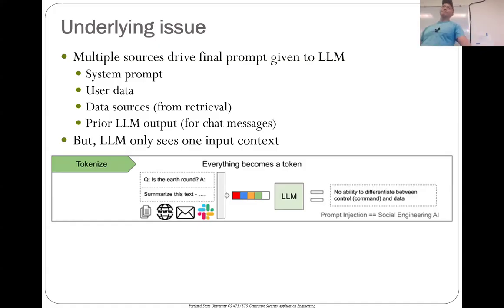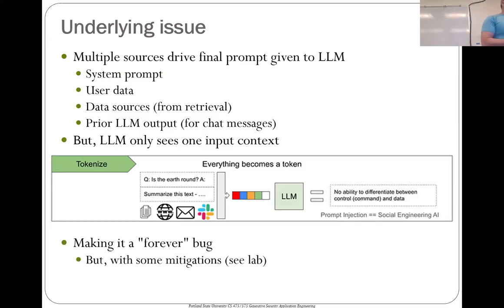As soon as an LLM gets it, it's blurred. There is no way to delineate these two things, which is the underlying problem. So this makes it a forever bug. But there are some mitigations. There's a multi-layered approach that you could try to mitigate the most obvious prompt injection attacks. But this is not something that you can just fix forever.